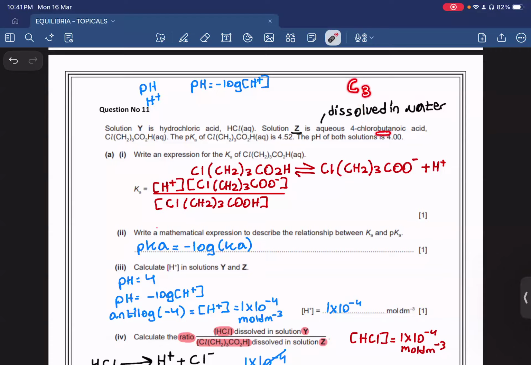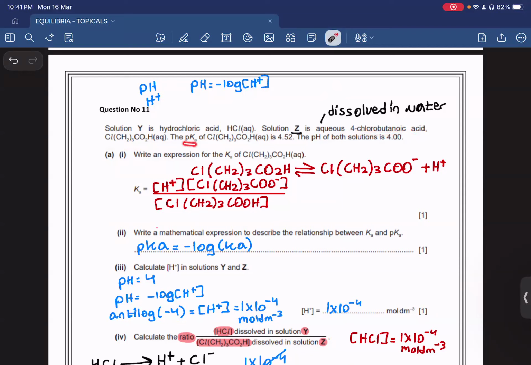So this would basically be C3H7COOH, but this is butanoic acid. This is 4-chlorobutanoic acid, meaning there is a chlorine atom on the fourth carbon atom of this carboxylic acid. So when you draw out the entire carboxylic acid, which consists of 4 carbon atoms, on the fourth carbon atom you're going to have a chlorine atom attached to it. That's 4-chlorobutanoic acid, this right here.